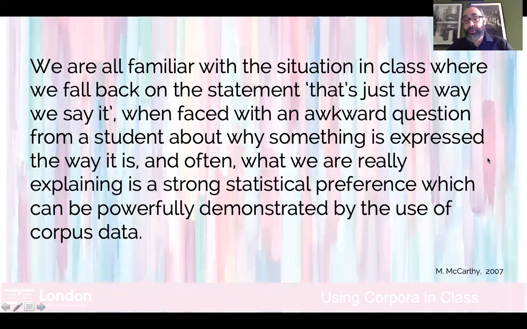Okay, this situation, and I'm sure most of us, certainly me, are familiar with this. When a student asks, why do you say that like that? And you start thinking, and your only answer is because we say like this. I mean, there's no other answer, right?